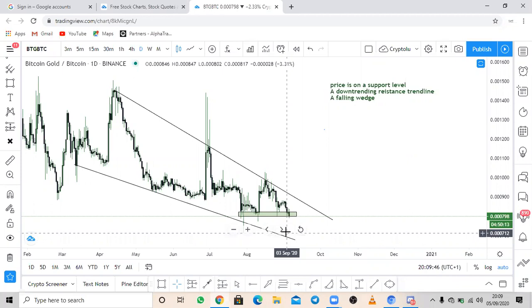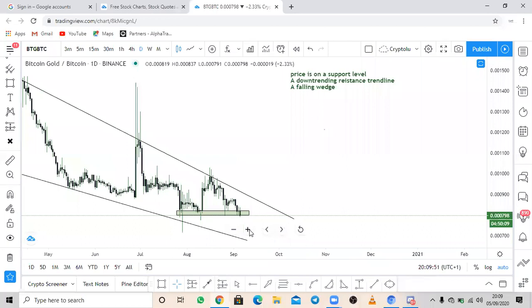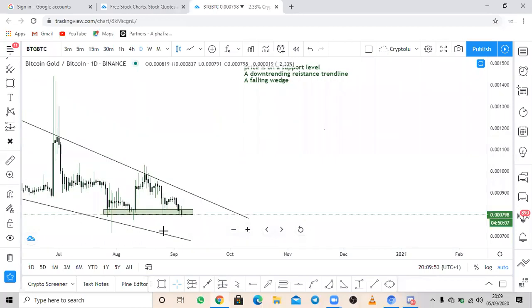But a better way to enter this is actually taking the trade from here, entering 50% from here, and 50% if it gets to this level here. So we might actually have a breakdown from here that will lead us to this side, which I don't expect, but it can still break down. Anything can happen.